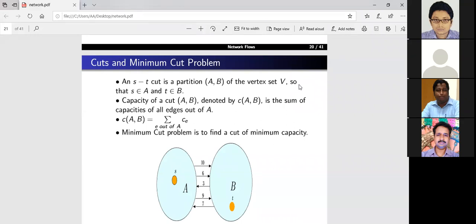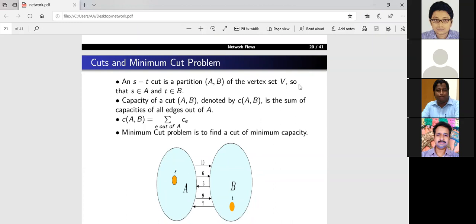One, edges inside the set A, where both the terminal nodes are in A. Or inside B. Or across A and B, which can be from A to B or B to A.